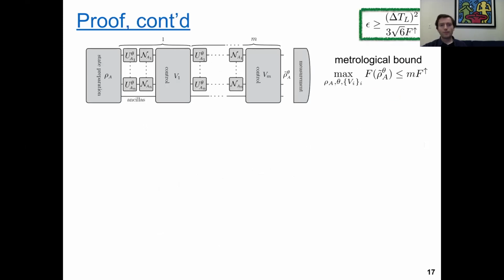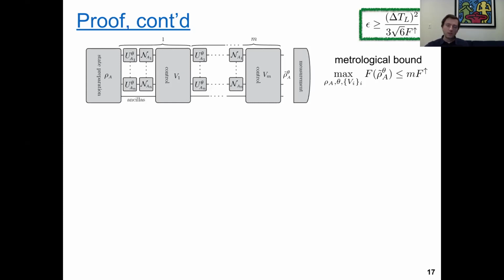So here's the proof. What we know from quantum metrological bounds is that in the most generic setting of parameter estimation, if a certain condition is satisfied, then the scaling of Fisher information would be linear in the number of channel uses. So we get a bound like the one stated on the right hand side.